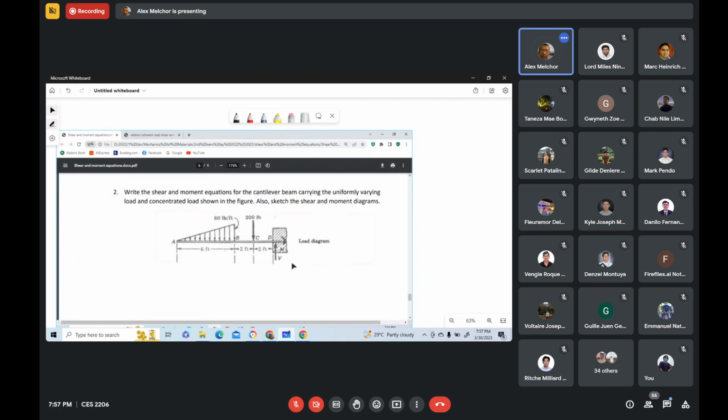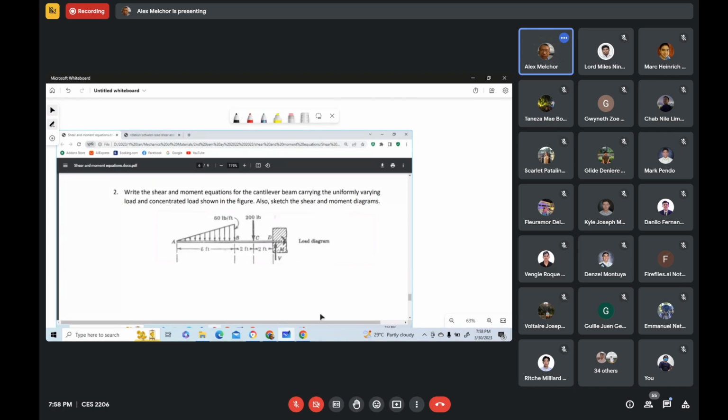Since we begin writing shear and moment equations from left to right, and since there is no support at the left, we do not start by solving for the reactions.